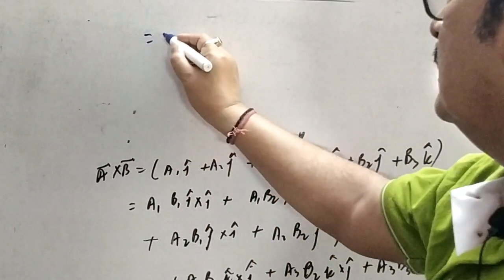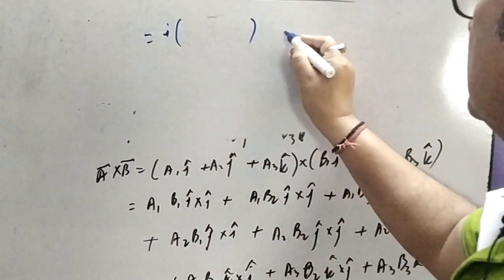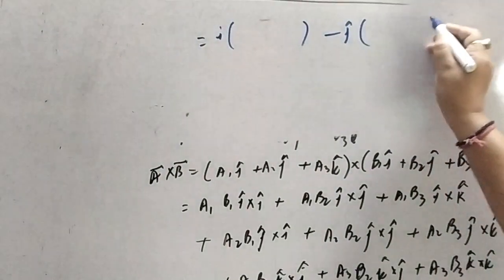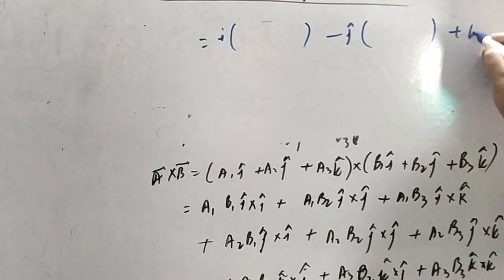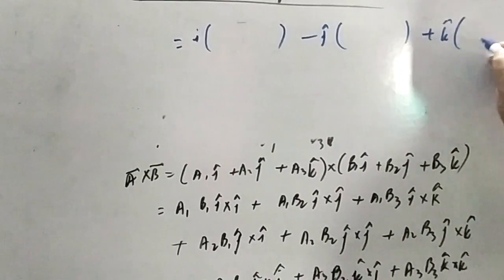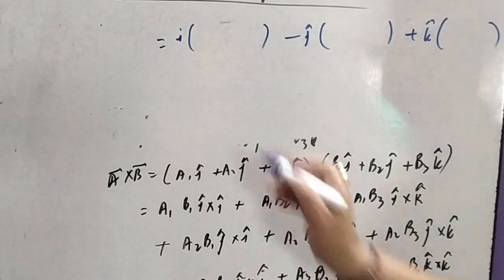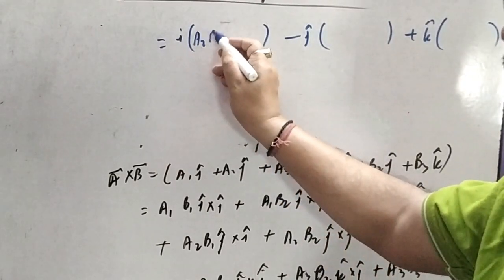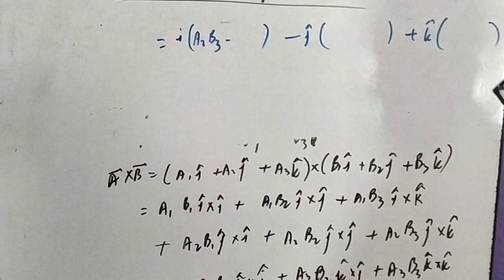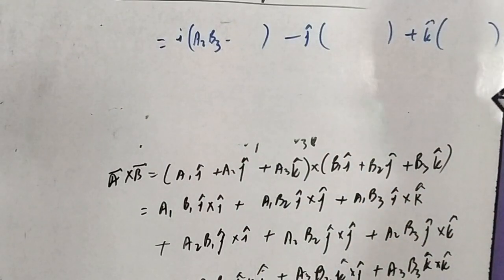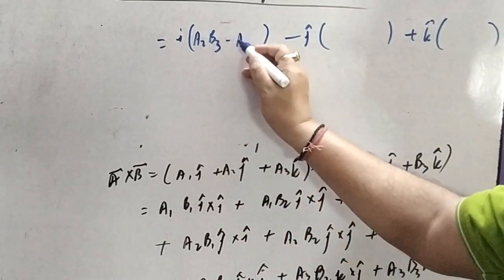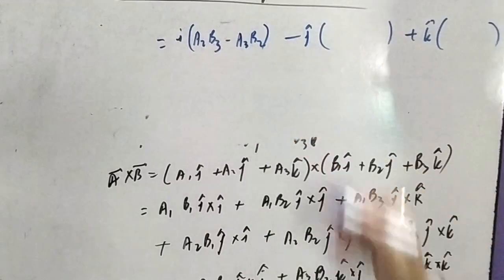What we write? i bracket, then we write minus j bracket, plus k bracket. Now here we write A2 B3 minus A3 B2.